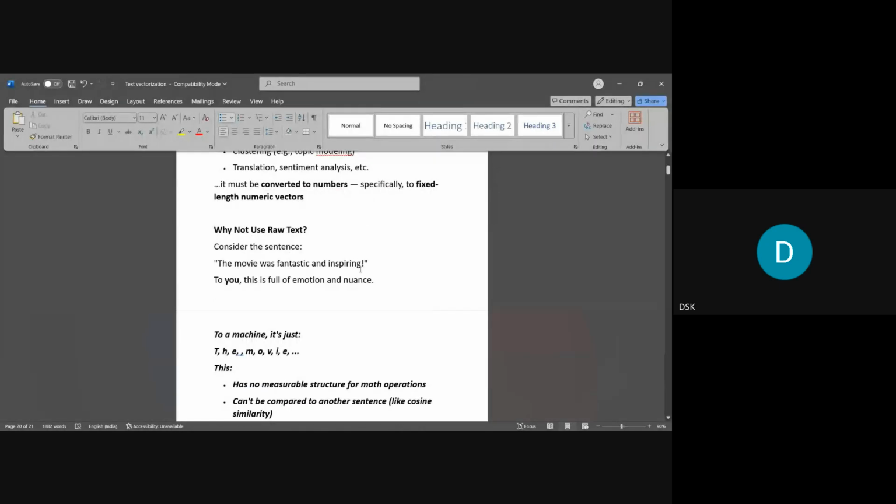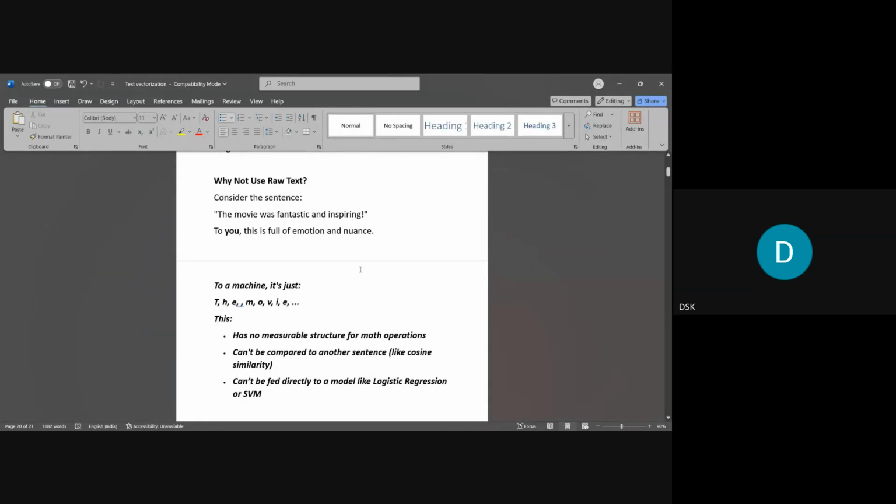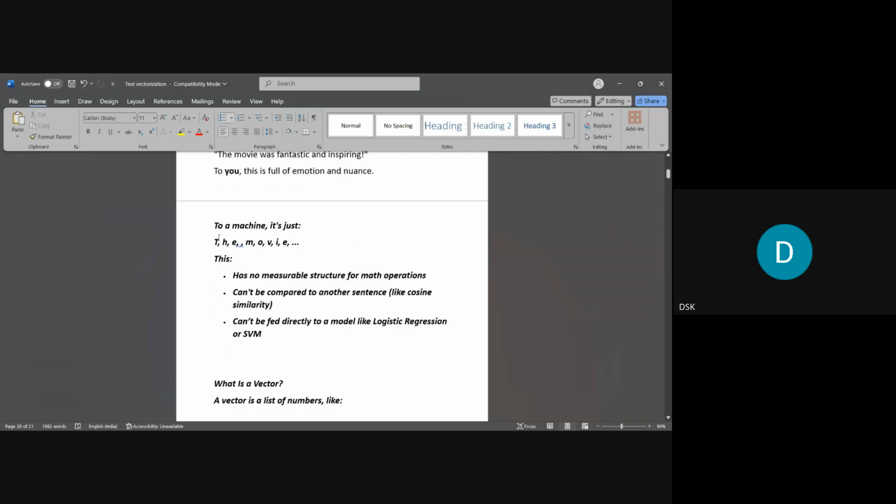So if we consider the sentence, the movie was fantastic and inspiring. To you, this is full of emotion and nuance, but to a machine, it is just a string of tokens with no measurable structure for math operations.